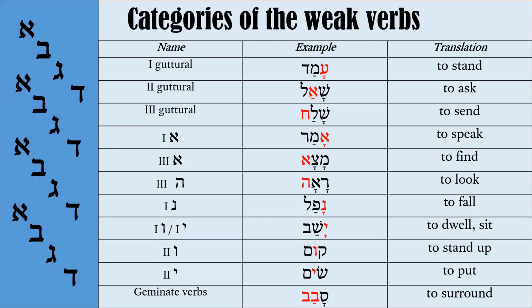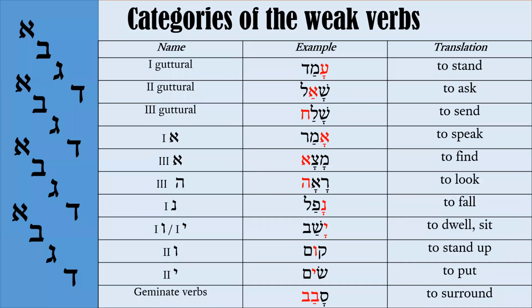So that is why they are singled out to a different category. Like for example, first aleph, third hey, first nun, first yud, second vav, second yud, and geminate verbs. The geminate verbs are the verbs where the third letter is repeated again, and the second and the third letters are the same. So these are all the categories of the weak verbs.